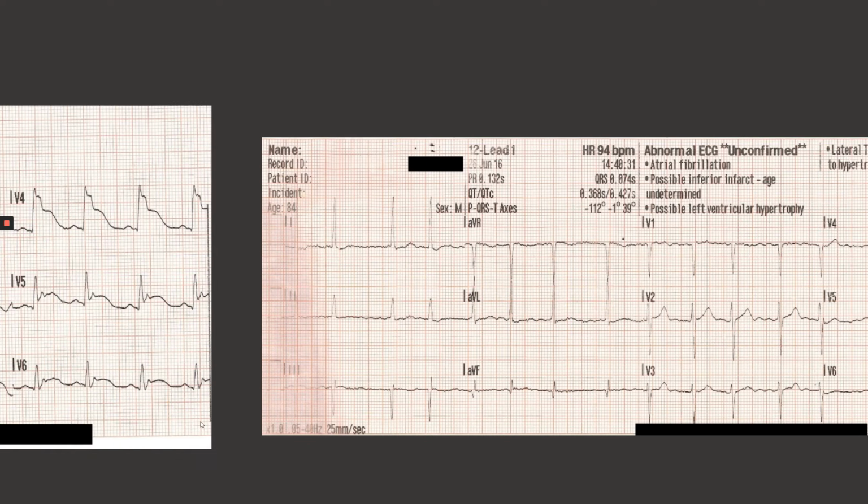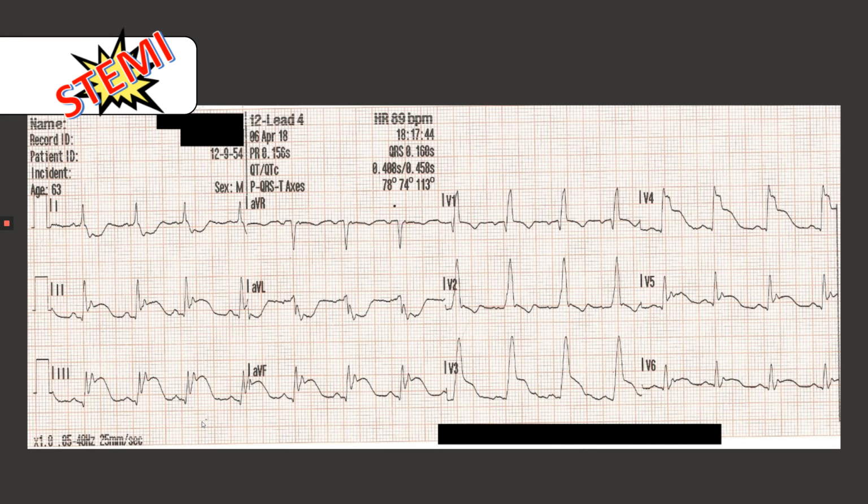Now, also forgot to mention, you can look for reciprocal changes here as well. That's a very common thing with MIs. So what I mean is, kind of like the axis where there's complementary, the inferior leads complement the lateral leads.